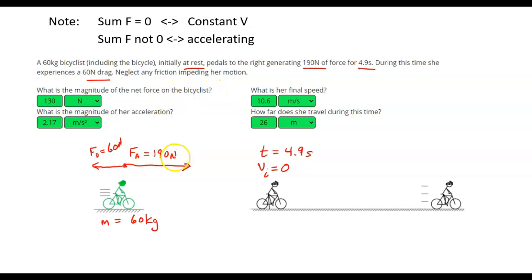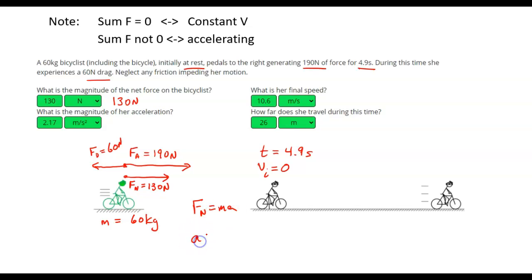Well, the net force is 190 minus 60. Okay, that's not so bad. 190 minus 60 is 130 newtons of net force in the rightward direction. F net equals 130. Okay, what is her acceleration? Well, we can use F net equals ma. Net forces are what cause acceleration.